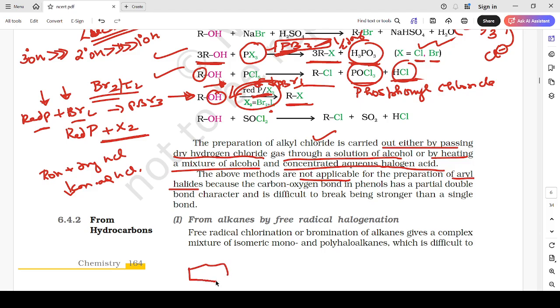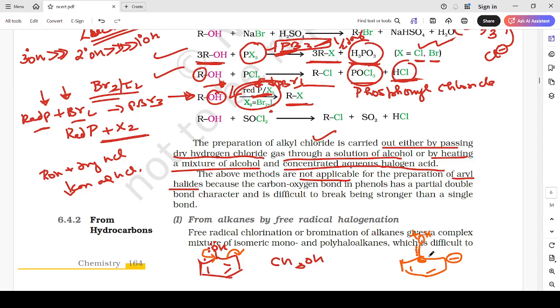Because when I'm talking about phenol and I'm talking about methanol, here you can see this oxygen is bonded with the carbon which is involved in resonance. Here is the OH. So definitely this lone pair of electrons on oxygen goes for resonance with benzene, forming a partial double bond between this carbon and oxygen.